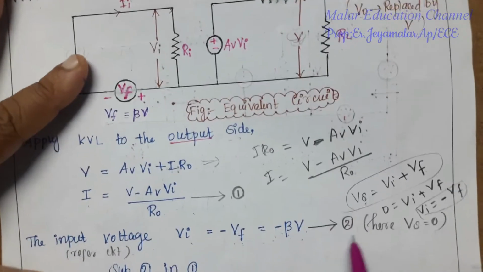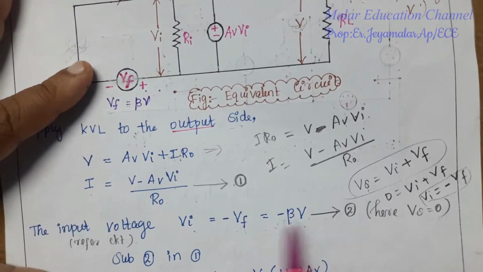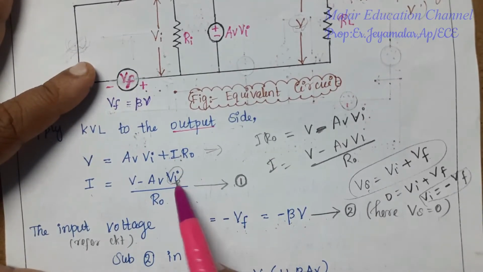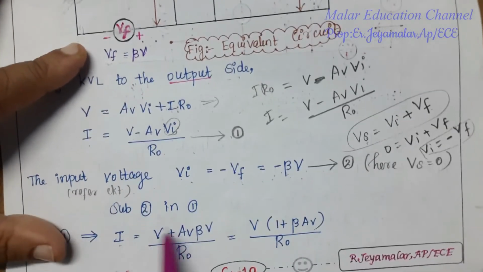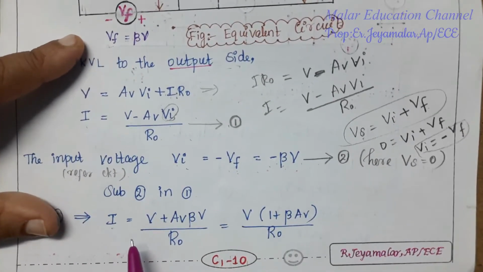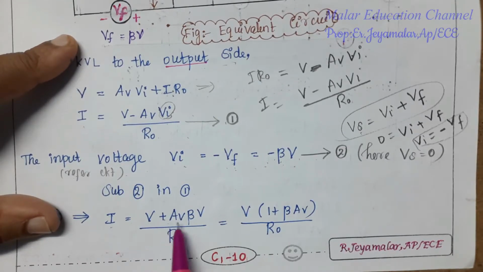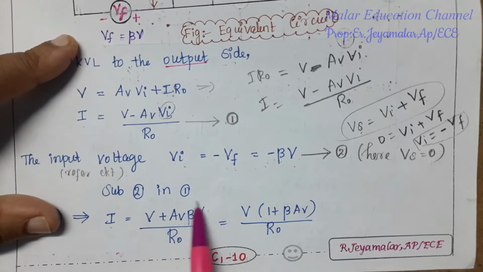Next step, take equation number 2 and substitute the Vi value into the above equation. So I equal to (V plus Av into beta into V) divided by R0. For the numerator, take the common term V outside.